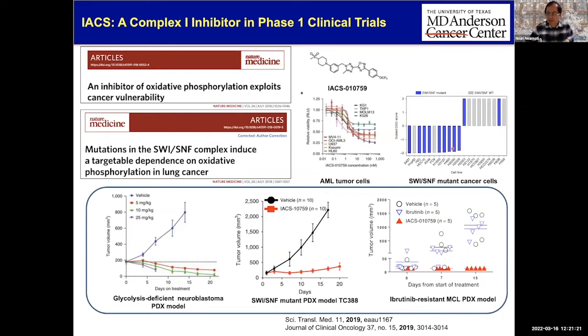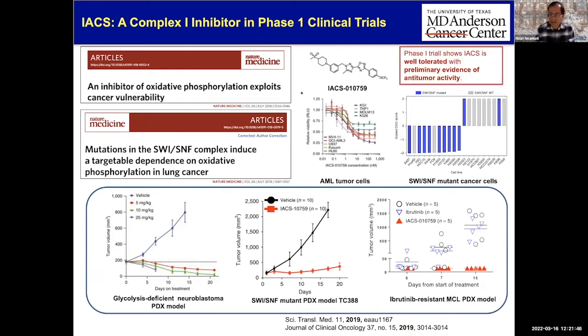Whereas cells that are mutant, every single one of them, they respond beautifully to this drug. And this is not only in the cells, but also in the PDX models with the SNF mutant, they respond very nicely. And also in cells that are glycolysis deficient, in this case, neuroblastoma cells, they respond very nicely. And the cells that are resistant to ibrutinib, they respond very well to this drug.